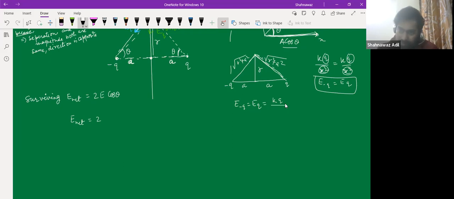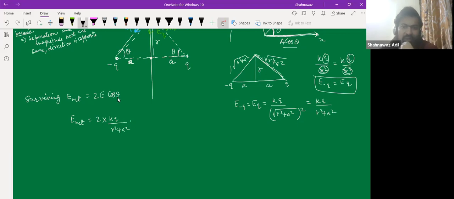Root of r square plus a square, the whole square. Right, good. So this is the separation and then square. So this is simply KQ by R square plus A square. Right, guys?